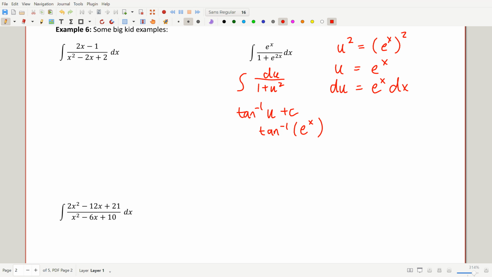All right. What we'll do is we'll take a look at these other two examples. This one, I'll point out, you need to do long division. And when you do that long division, I think you'll see one like this in the homework.